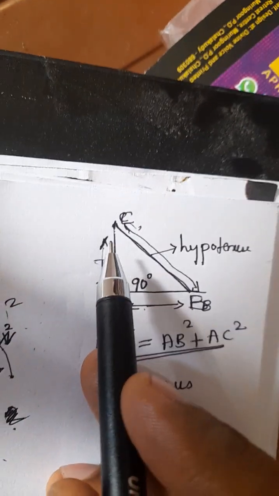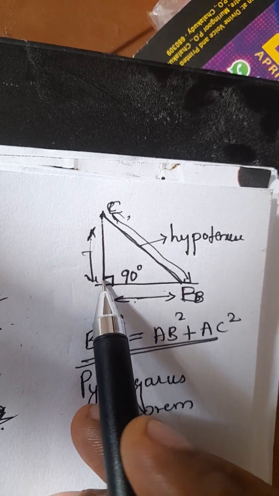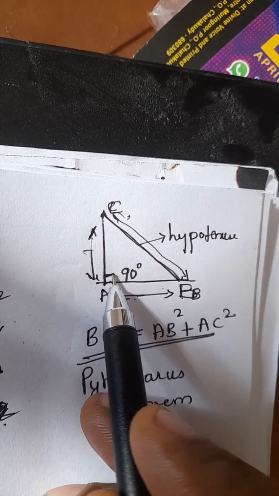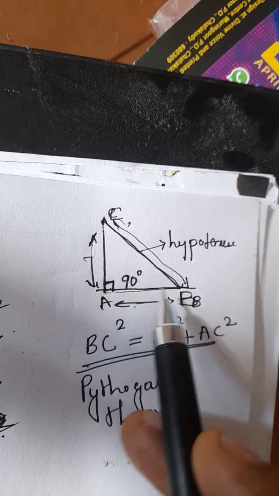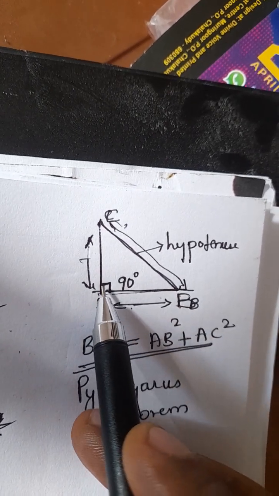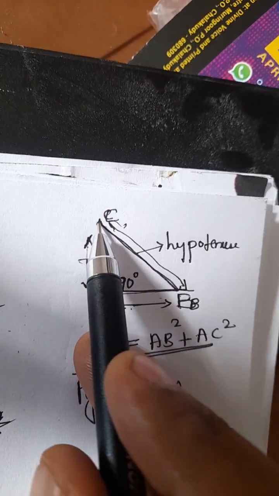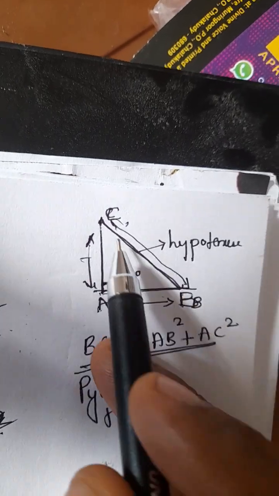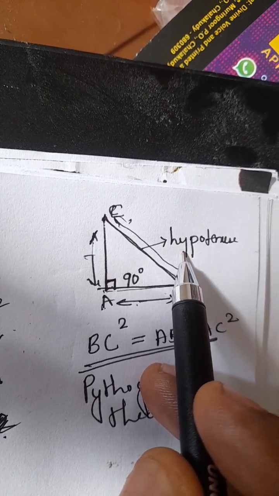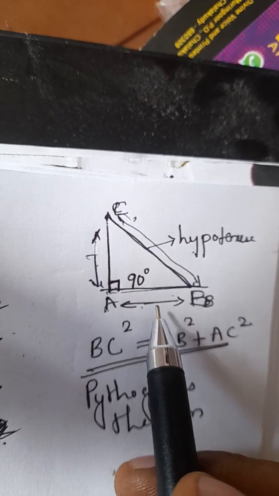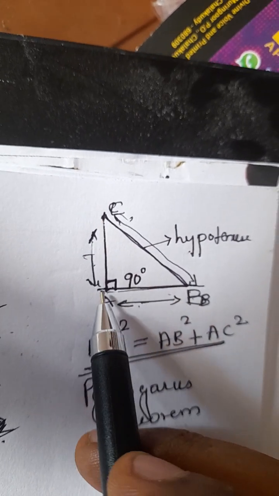This is a right angled triangle which I have drawn already, with a right angle of 90 degrees at A. There is a line AB, and a perpendicular line which stands at 90 degrees to it, that is AC, and I have joined BC. Now this line BC is called the hypotenuse, and these are the arms of this angle of 90 degrees.